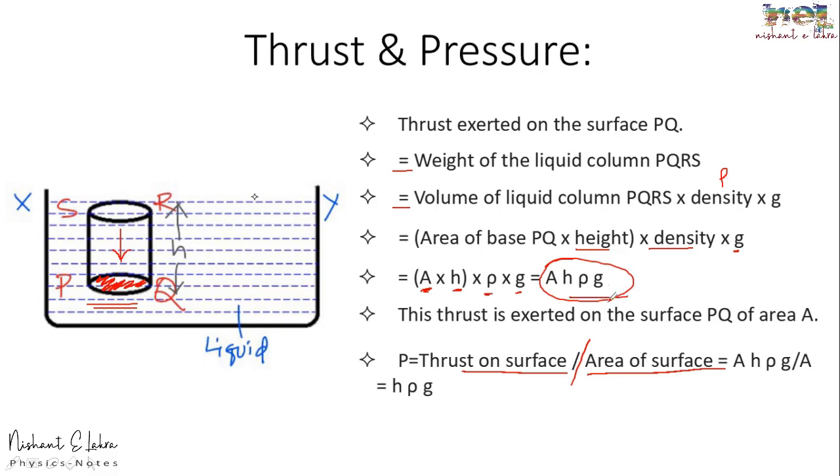Okay, and thrust on surface we have already seen, that is area into height into density into gravity, A being the area of the base PQ, divided by area of the surface, which is A. Now when we write it in division form, A into h into density into g by A, now these A's can be cancelled, leaving h, rho and g. So by this we understand that pressure is equal to height into density into gravity. I hope you have understood this.